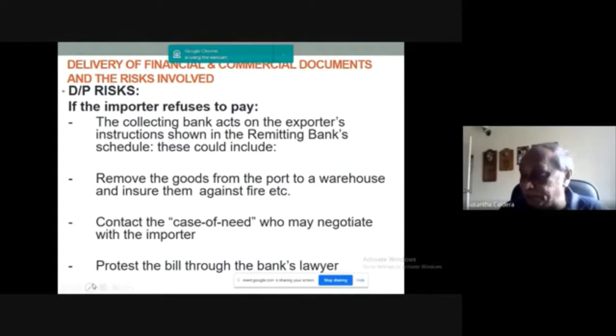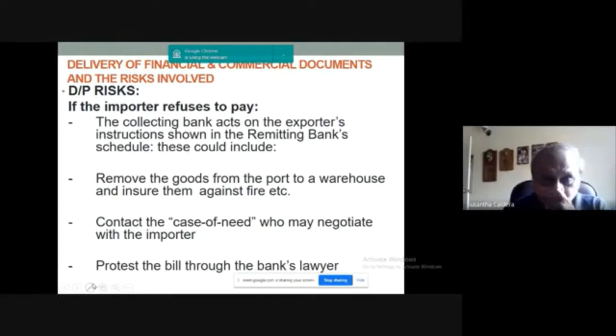What do you mean by protest? Protest is a legal procedure. When the documents are not being paid or not being accepted and whatever, the remitting bank may have given instructions to the collecting bank to protest. Right?